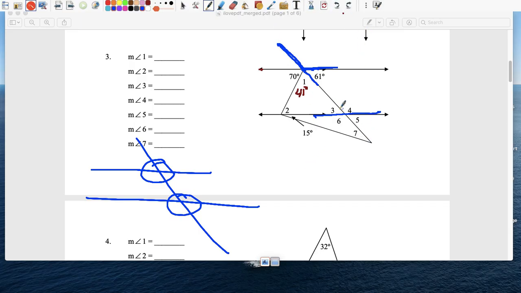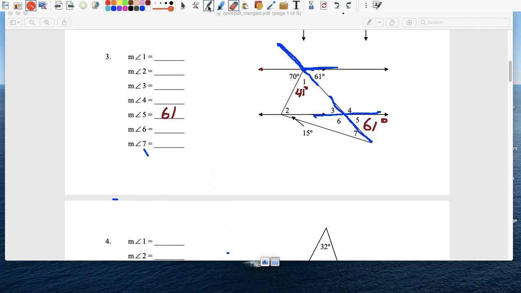Hopefully you can see that angle 61 here, 61 degrees, and angle 5 is the same. So I can come here and write 61 degrees. So angle 5 is 61 degrees, which makes angle 3 61 degrees. Which now tells me that I can actually find angle 2.